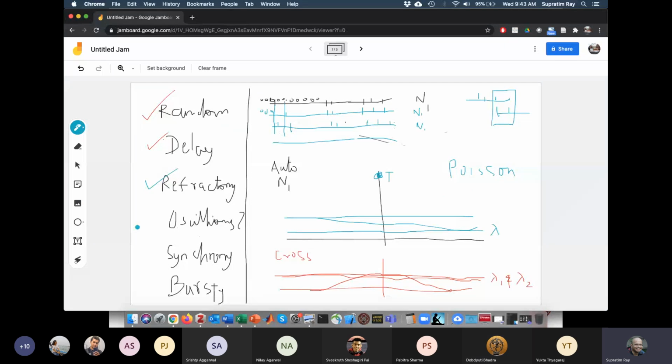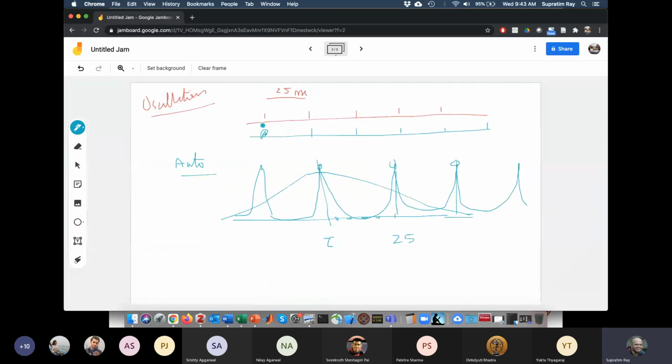Okay, so oscillations. This rhythmicity you see in the autocorrelation itself. When there is synchrony between two neurons, if two neurons are firing synchronously, then obviously you will see a spike at a lag of 0.